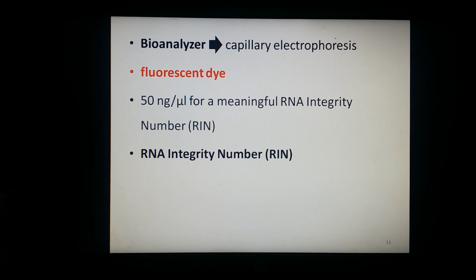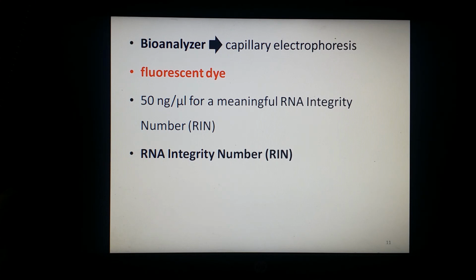Now let's see what a bioanalyzer is and how it functions. The bioanalyzer performs capillary electrophoresis, and it uses a fluorescent dye that binds to RNA to determine both RNA concentration and integrity. It is recommended to use at least 50 nanogram per microliter for a meaningful RNA integrity number, that is RIN.